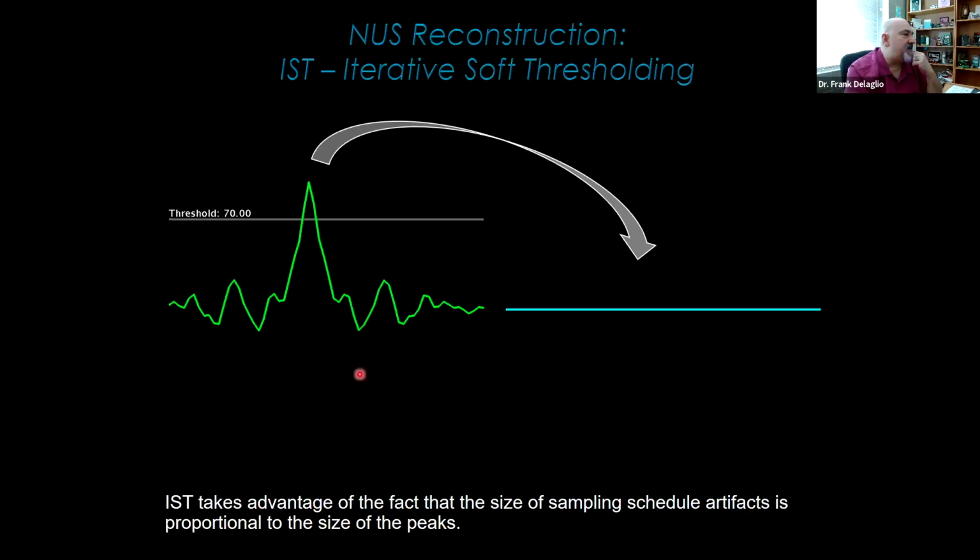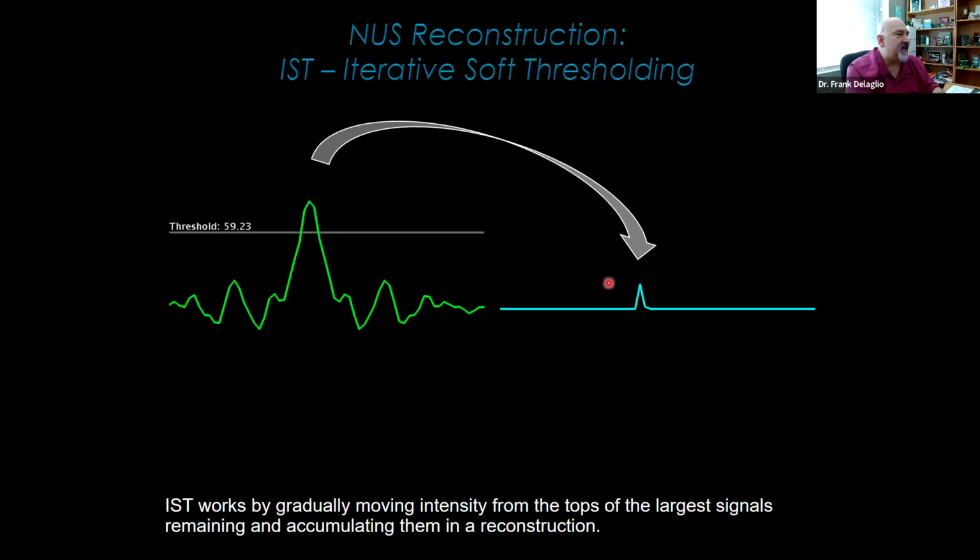And so we can start with an ordinary Fourier transform of our non-uniformly sampled data that has these crazy looking noise-like artifacts. And we can choose a threshold that we know is much larger than the largest possible reconstruction artifacts in the spectrum. And we can take a little bit of intensity from the signals that are above this threshold and move them into a secondary spectrum.